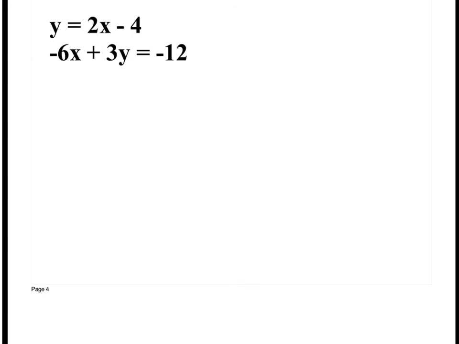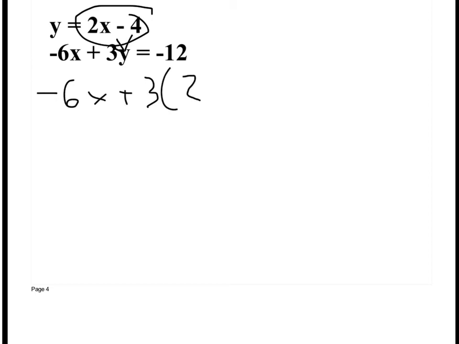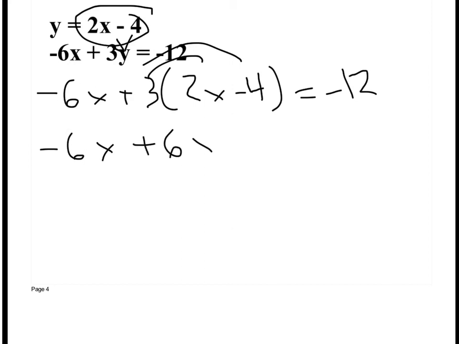Alright, so we've already solved for y, so all I got to do is plug that in here. Negative 6x plus 3 times 2x minus 4 equals negative 12. Distribute the 3, I get negative 6x plus 6x minus 12 is equal to negative 12. I add my like terms, which cancel each other out.